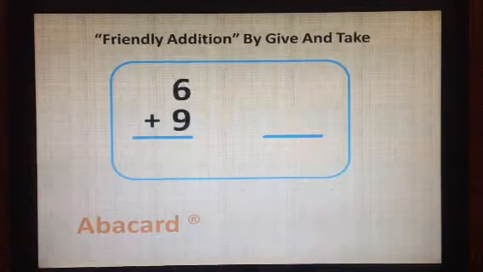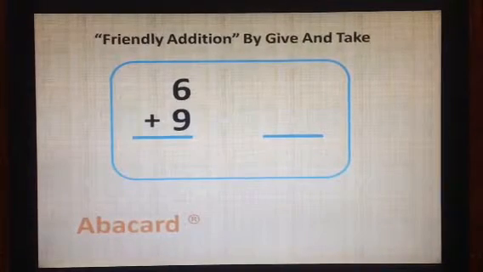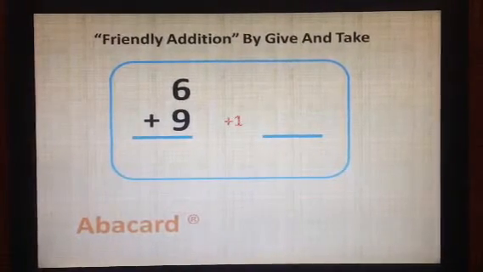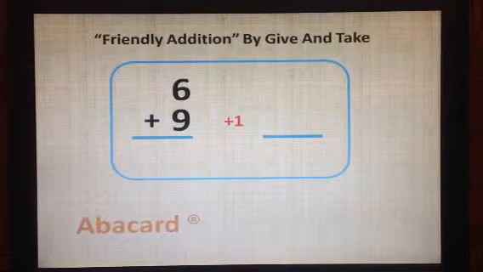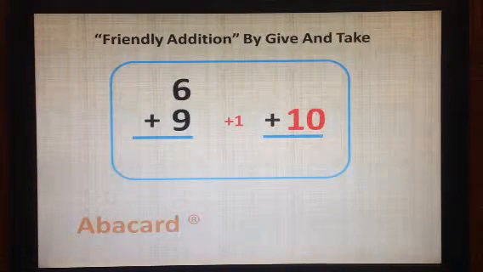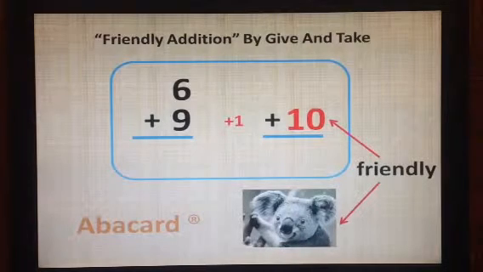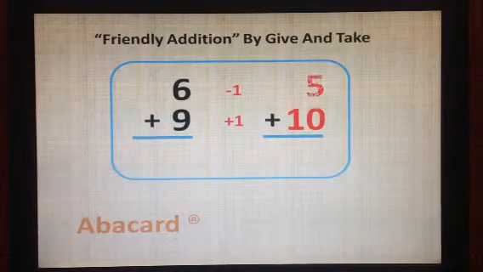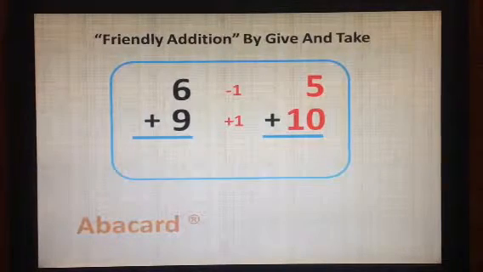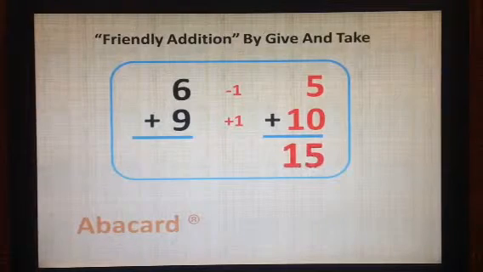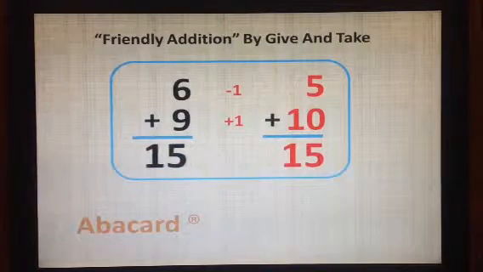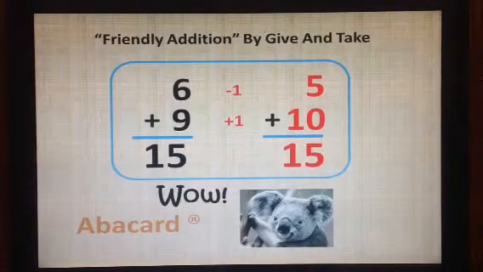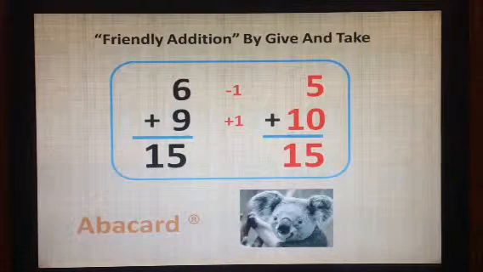Wow! 9 and 6. Then what? There's our friendly again. And then what? These abacards really work well.